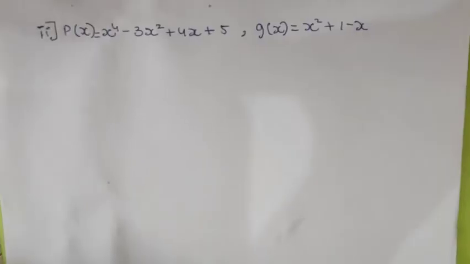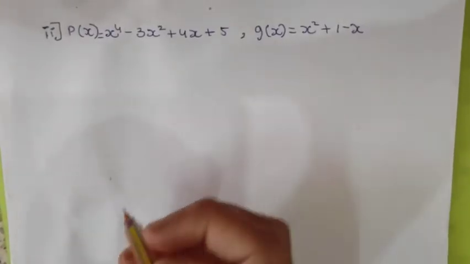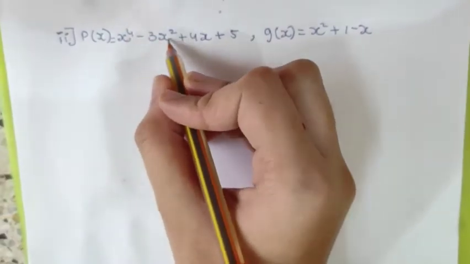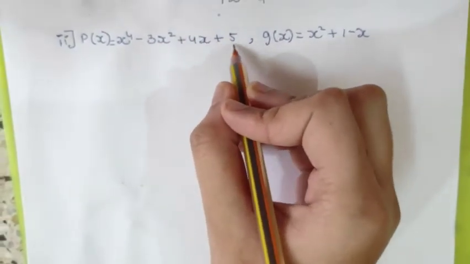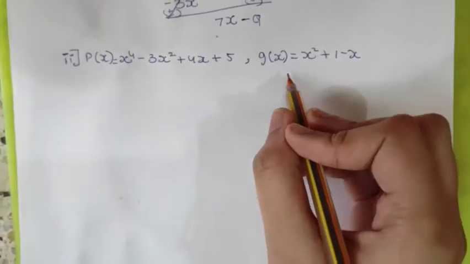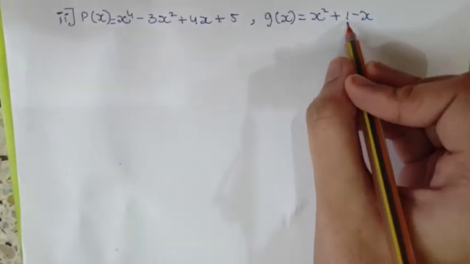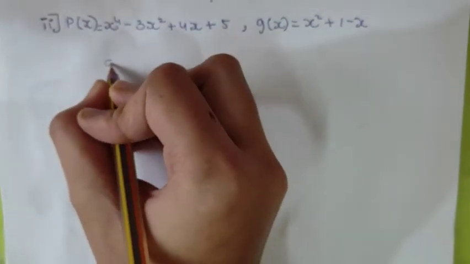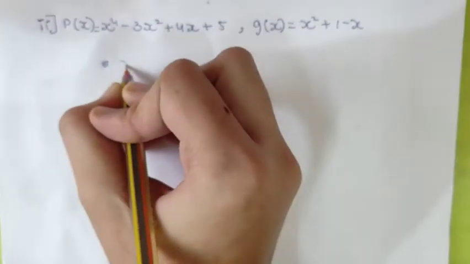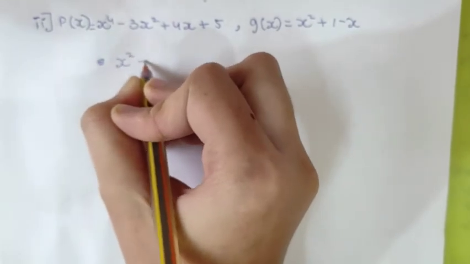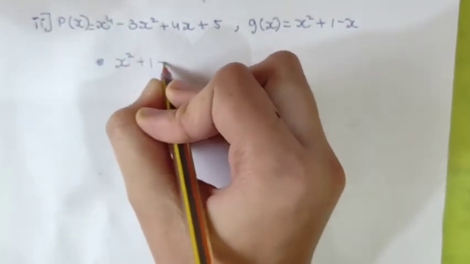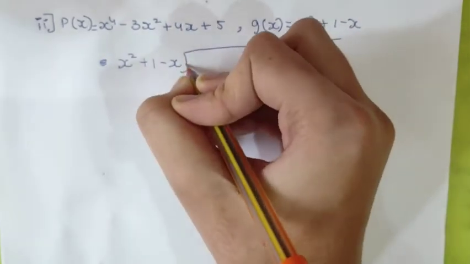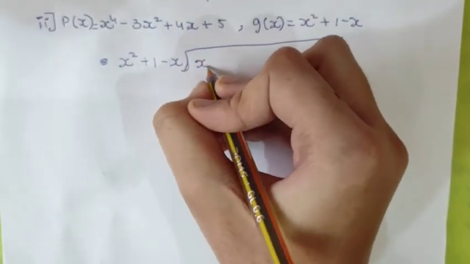Okay. So here we have the second sub question, that is p(x) is x^4 - 3x^2 + 4x + 5, and here g(x) is x^2 + 1 - x. So here g(x) becomes our divisor, that is x^2 - x + 1, and p(x) is the dividend, x^4.